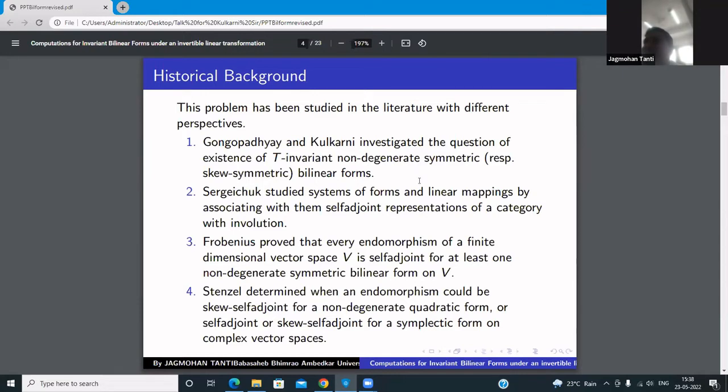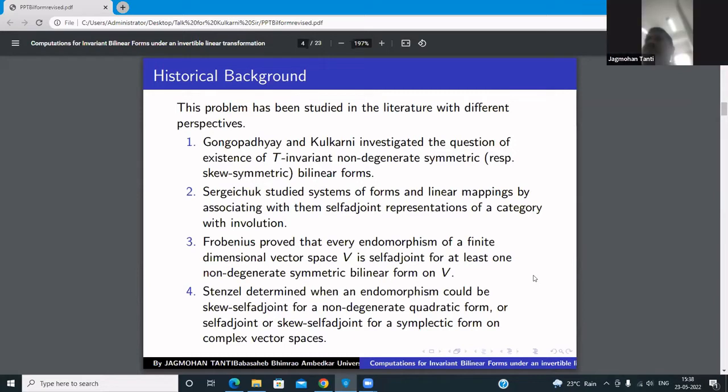Several other mathematicians have considered this problem, but we can see that Springer has taken this with self-adjoint representations. Frobenius also considered self-adjoint, and Stengel also.